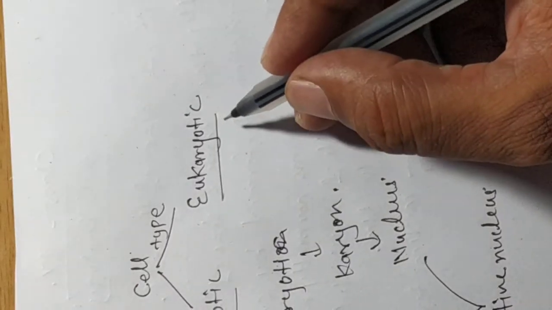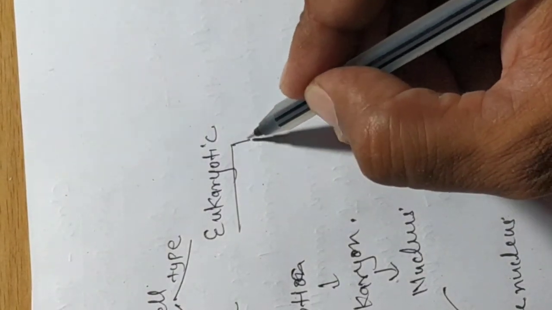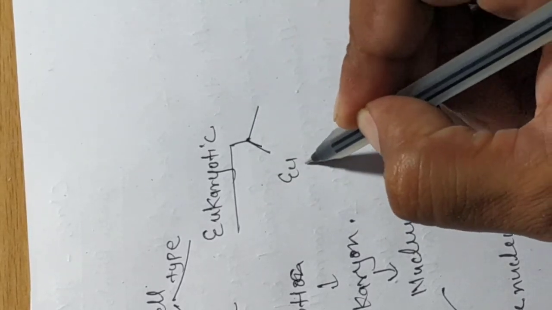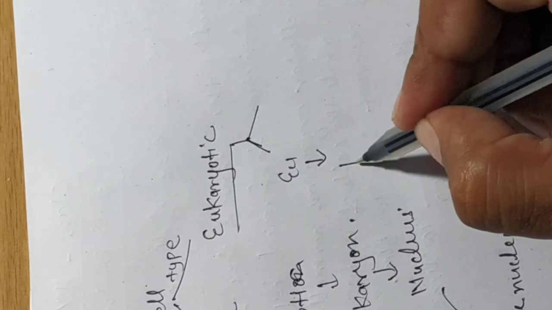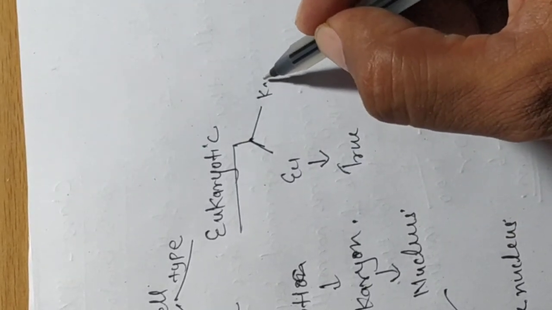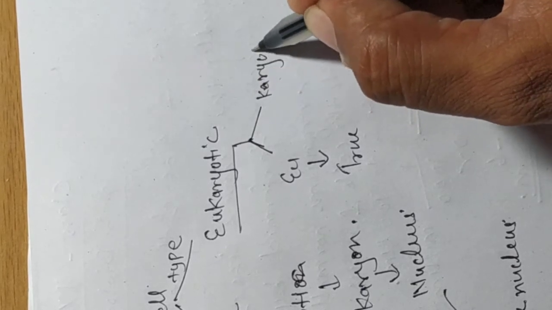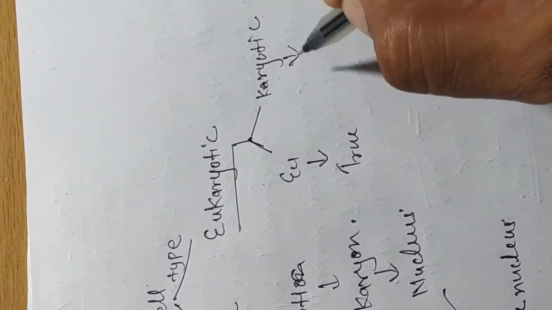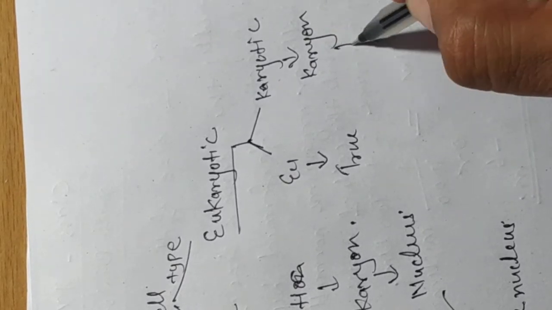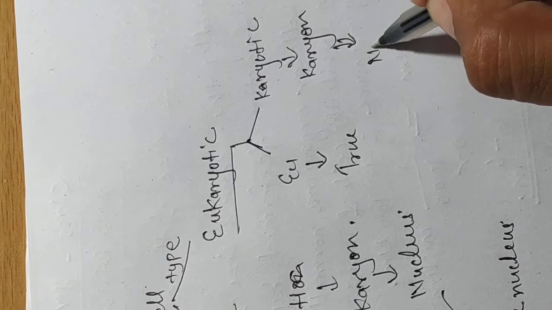After prokaryotic cells, we discuss the eukaryotic cell. The word eukaryotic is derived from two words: eu means true, and karyotic means karyon, which means nucleus.